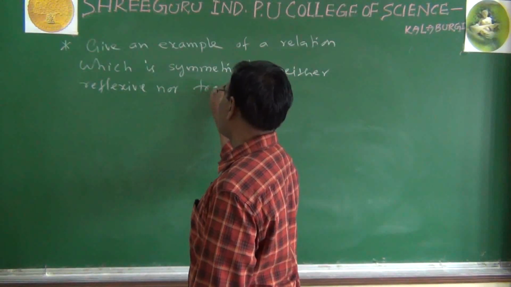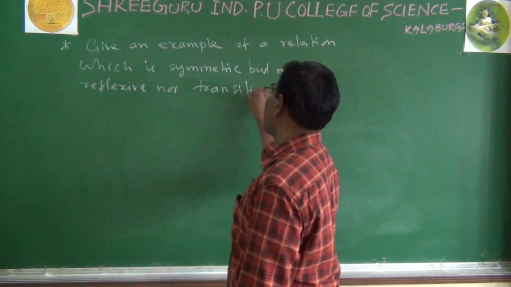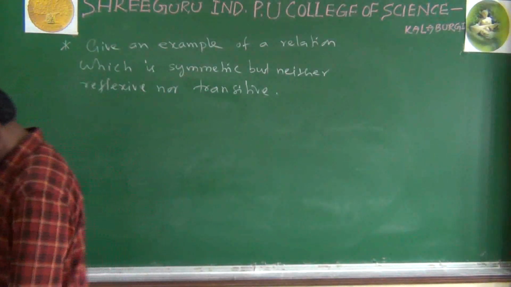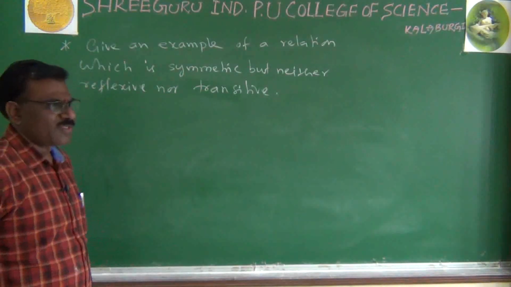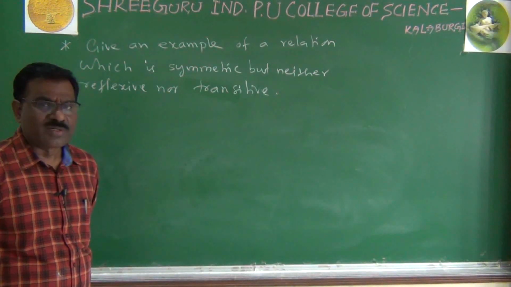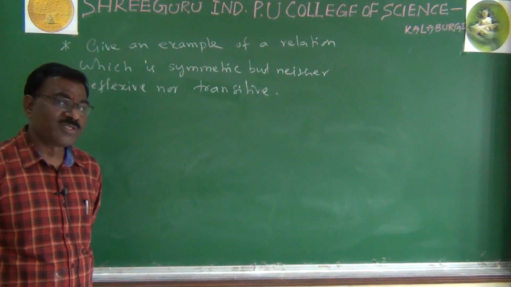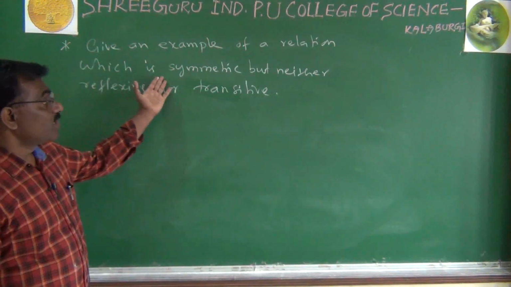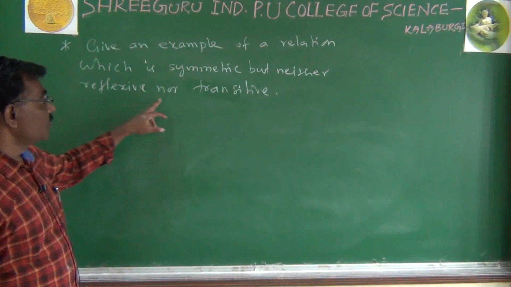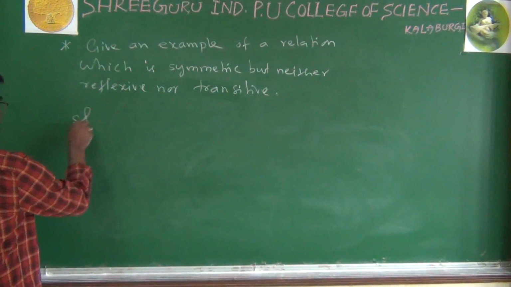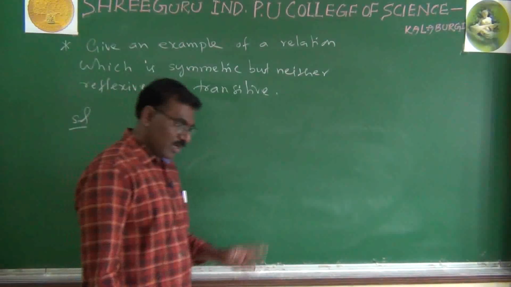It looks simple, but example questions are very difficult. Give an example of a relation which is symmetric but neither reflexive nor transitive.